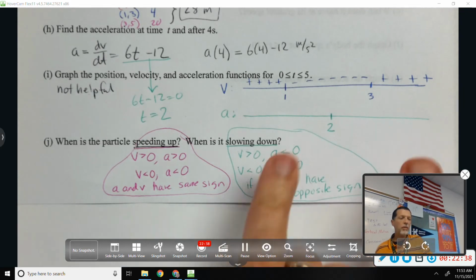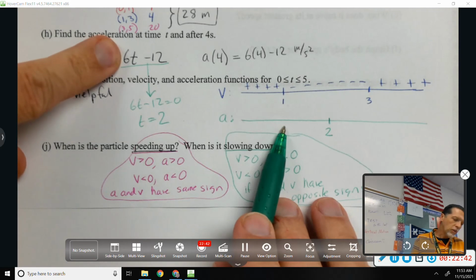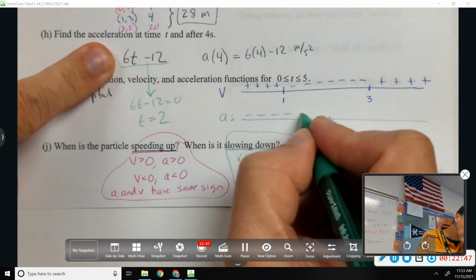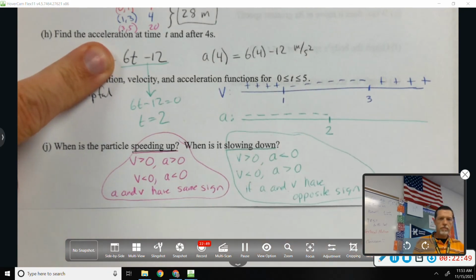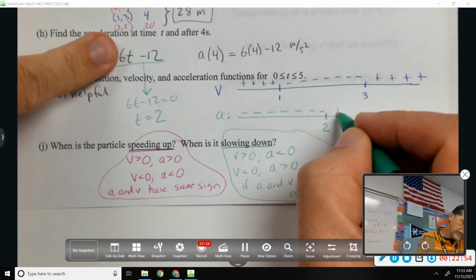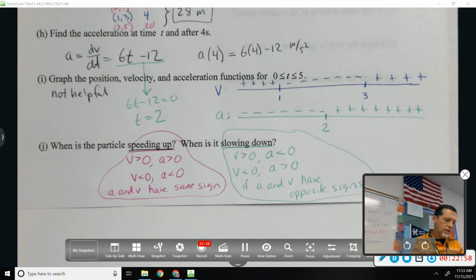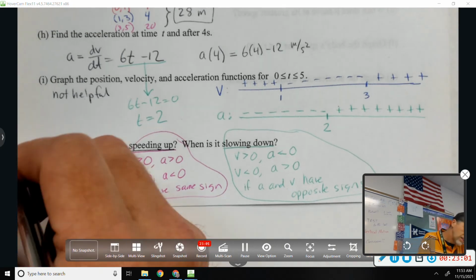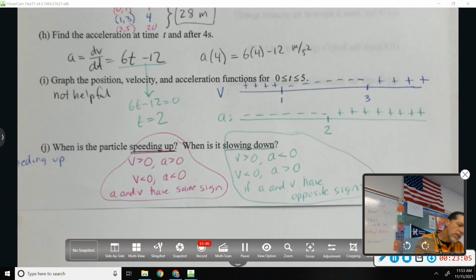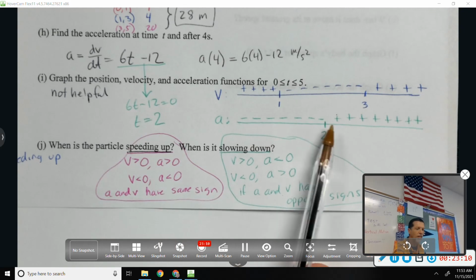This is the same thing we've done before about testing intervals. If I plug in 0, I get negative. If I plug in anything more than 2, I get positive. Because at t equals 2, that made acceleration 0. So that's how I set up the interval.